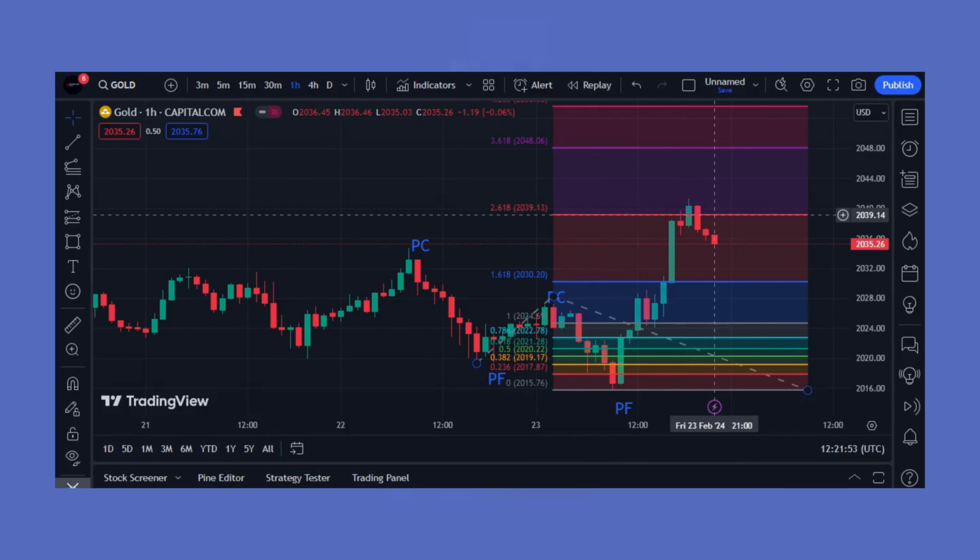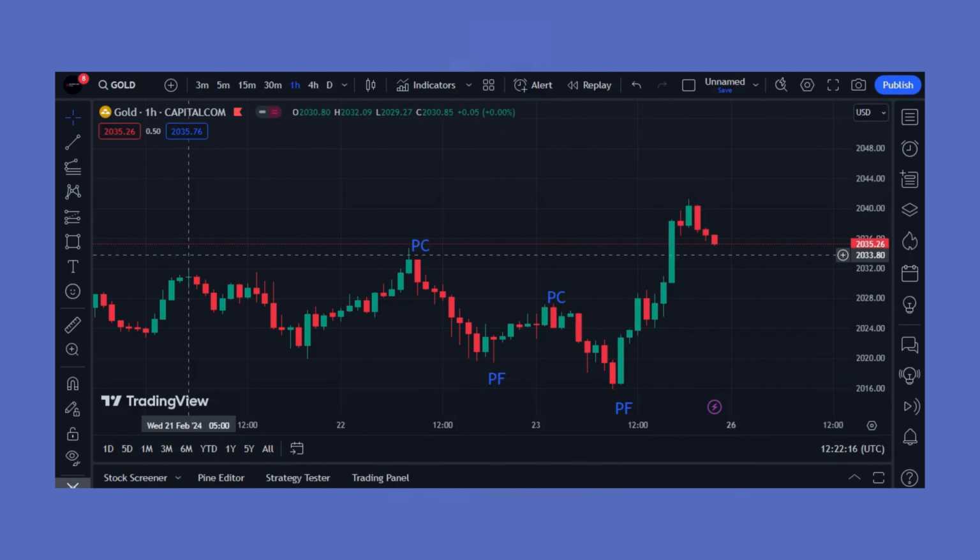This is the critical point that shows me that the price is either correcting at this level or changing the trend. So, moving on.